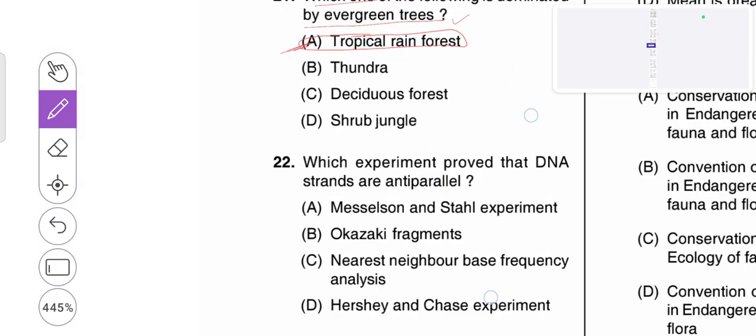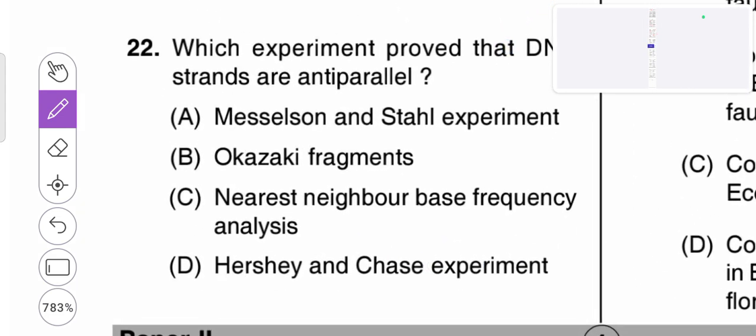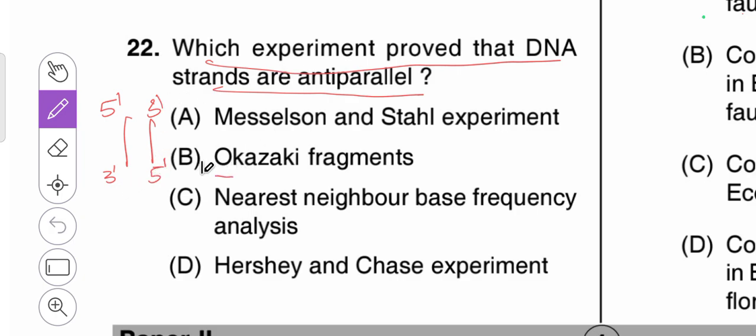Then 22. Which experiment proved that DNA strands are anti-parallel? That is 5 prime to 3 prime, 3 prime to 5 prime. So this anti-parallel nature of DNA is proved through which experiment?